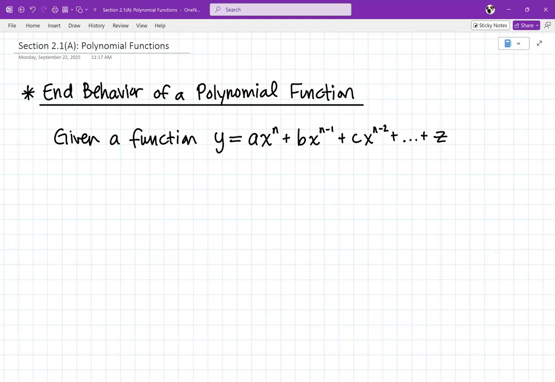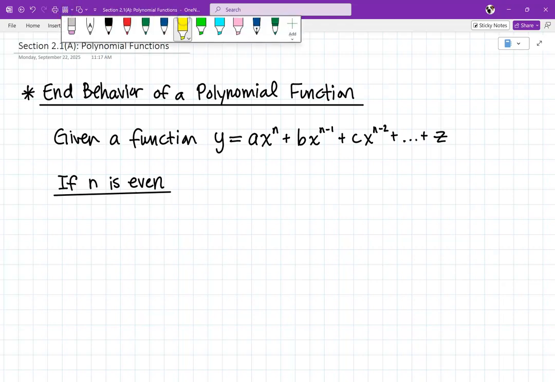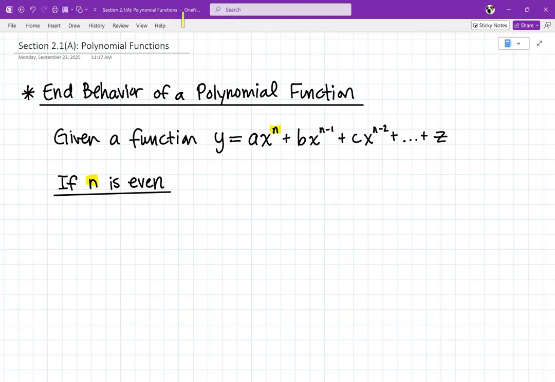So if n is even, so let me highlight this just so I can give you some direction, okay? You guys remember how ax to the n, the very first term, they call it the leading coefficient and the leading variable, right?